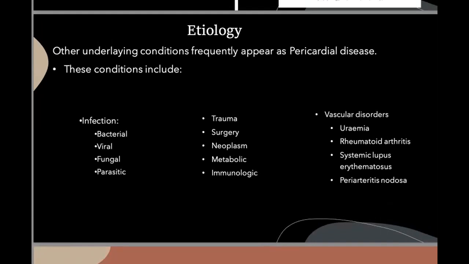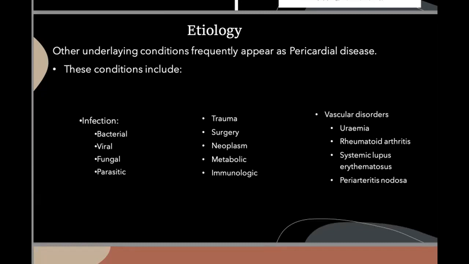For example, for tuberculosis, constrictive pericarditis will be the most relevant. And then we have trauma, which can be direct or indirect trauma, and surgery. If we have a patient with open chest surgery, then they are more prone to bacterial infections, obviously.